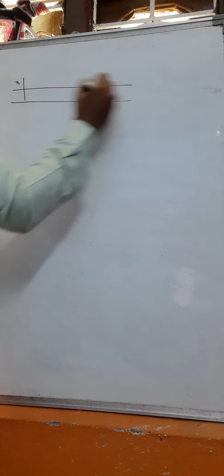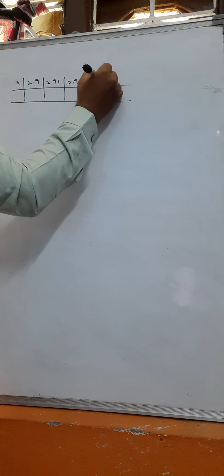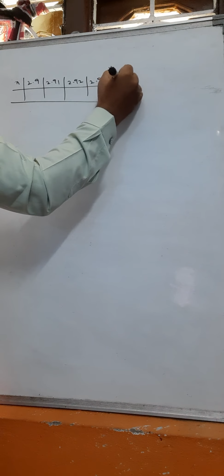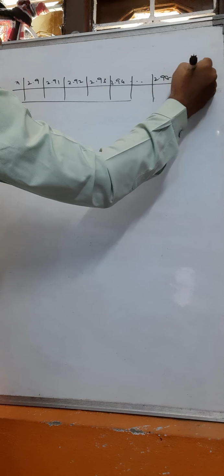Now let me see, x tending to 3 minus means taking near values from the left side. So x values I am taking 2.9, 2.91, 2.92, 2.93, 2.94, so on, 2.98, 2.99.